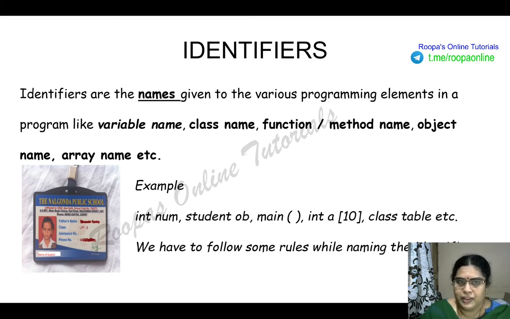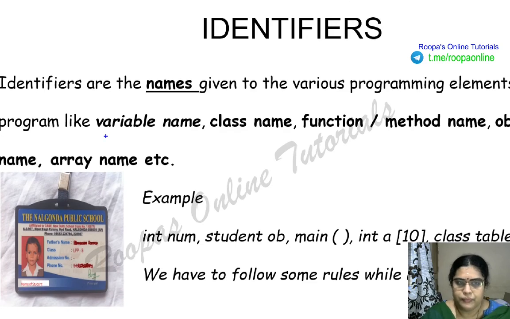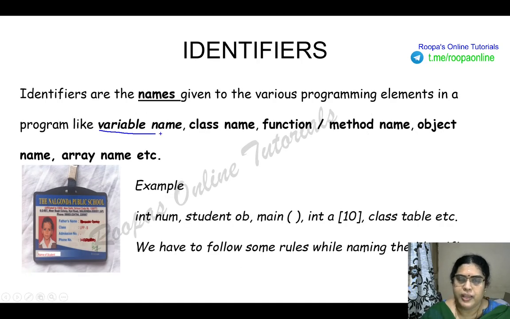Similarly, here in simple terms, identifiers are the names given to the various programming elements. Now, what do I mean by programming elements? If you see it here in bold, you have the variable name, the class name, the function or method name, the object name, the array name.